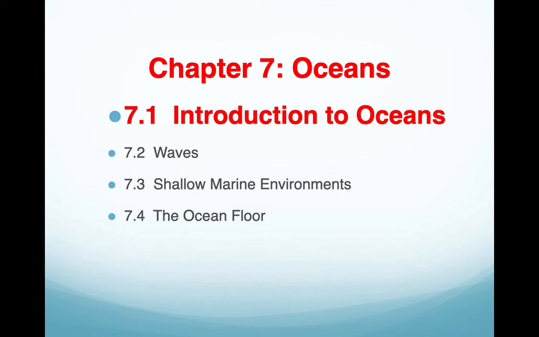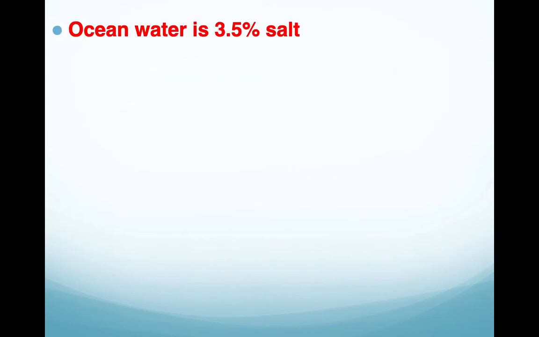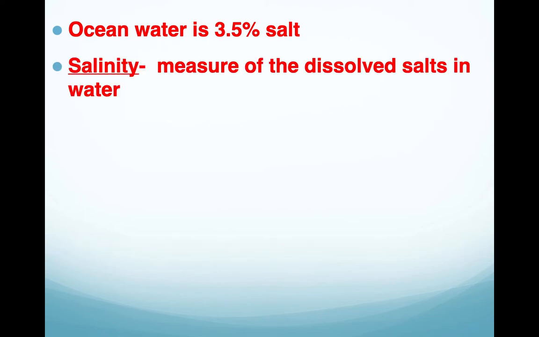They are so important, really, when you think about how much of Earth is covered with oceans. Ocean water, if you've ever been in it before, is salty. When you get it in your mouth, it does not taste very good. Open your eyes, and it may hurt your eyes. Ocean water is actually around 3.5% salt.